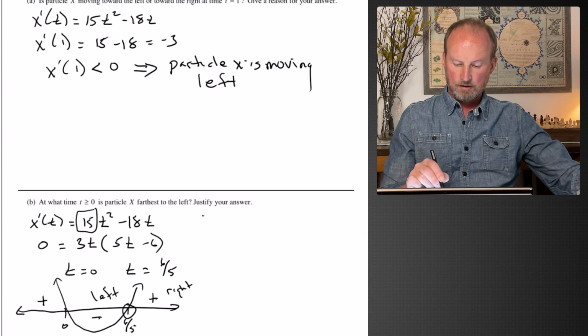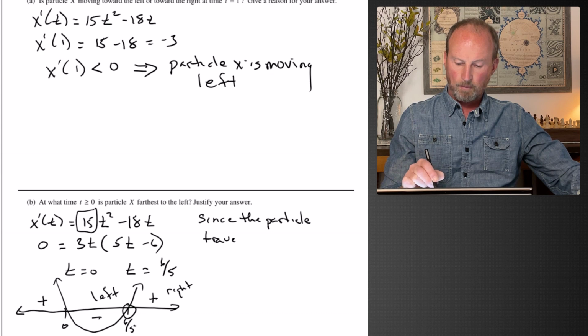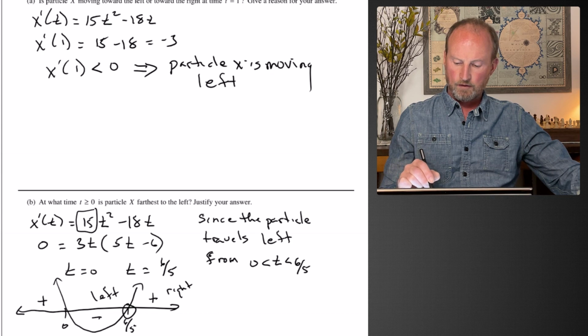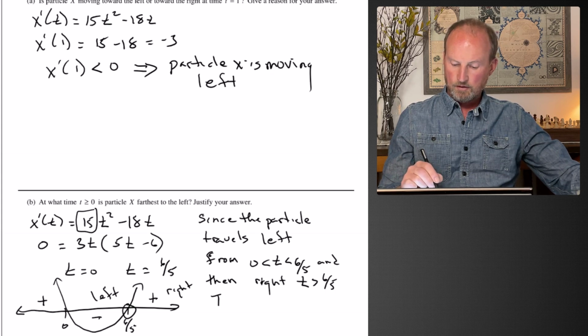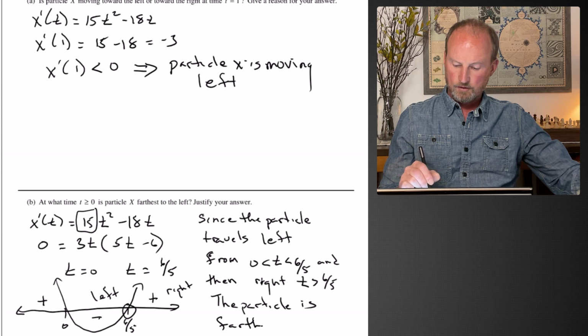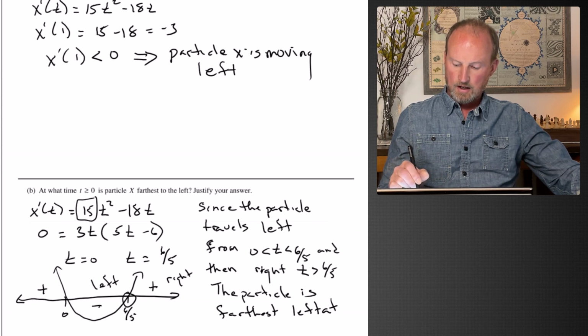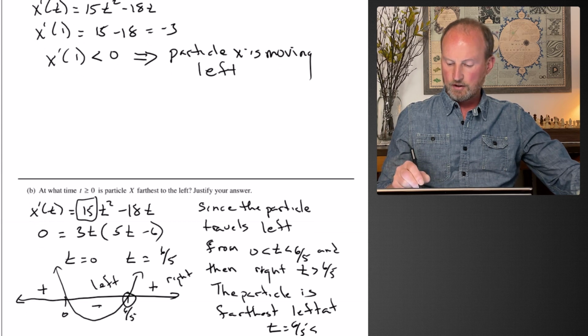So since the particle travels left for t less than 6/5 and greater than 0, and then right when t is greater than 6/5, the particle is furthest left at t equals 6/5 seconds.